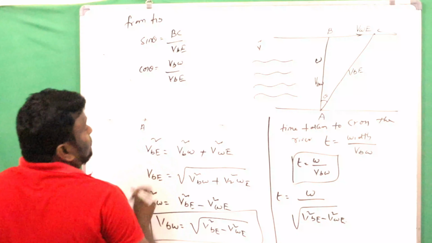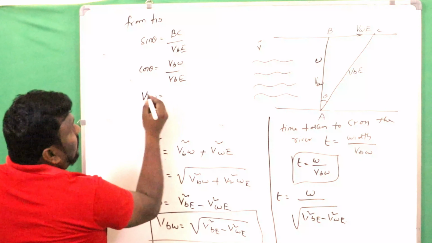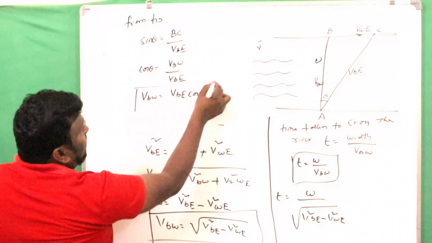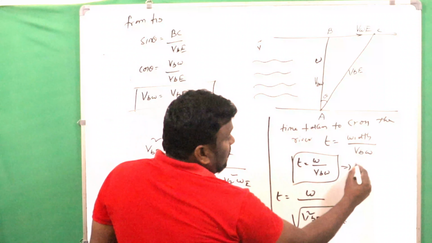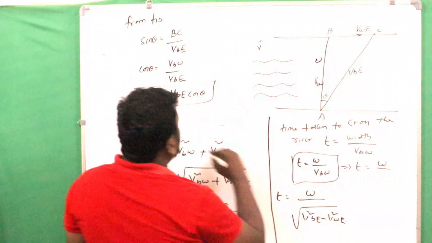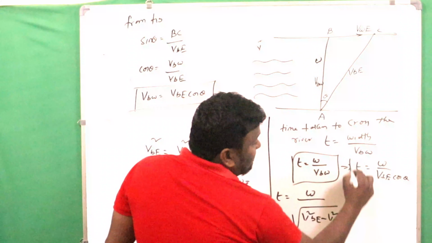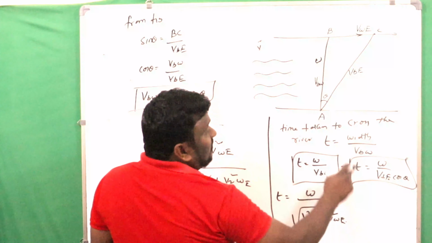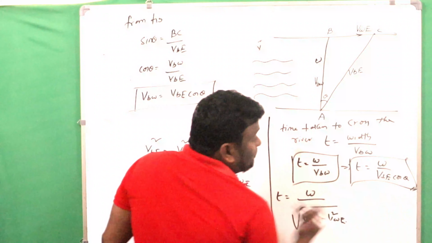So from that, VBW is equals to VBE cos theta. Then obviously T is equals to W by VBE cos theta. So this is the time taken to cross the river from one side to the other side. So in this way we can write.